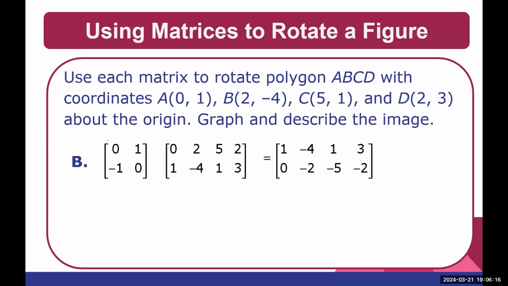So once you're able to identify the rotation matrix, you're good to go. So this has a little bit of trial and error to it. Once you're able to identify the rotation matrix, then you'll be able to describe the types of transformation taking place.